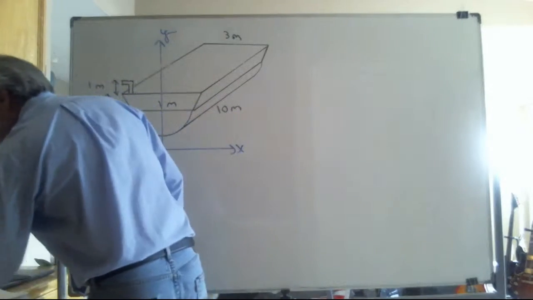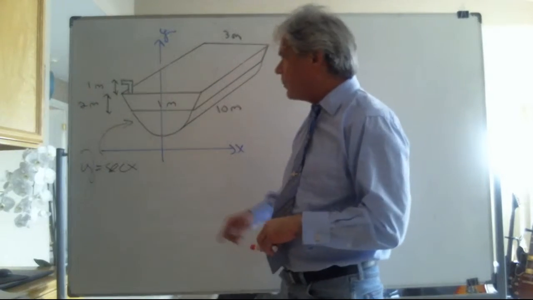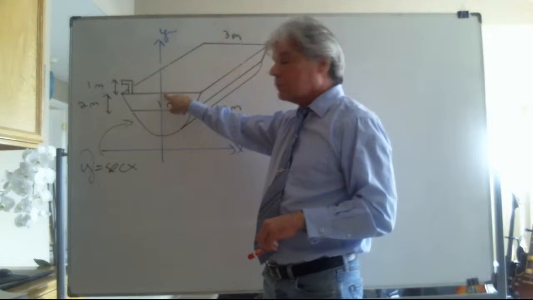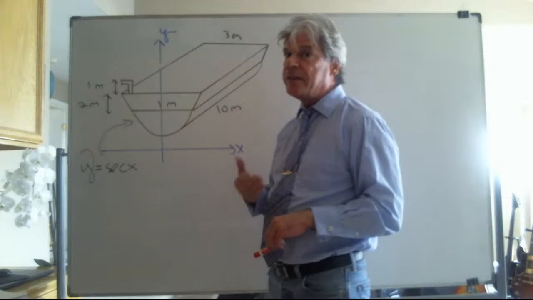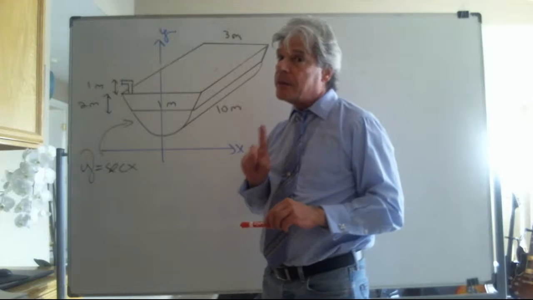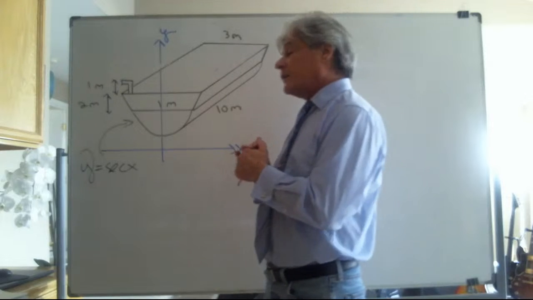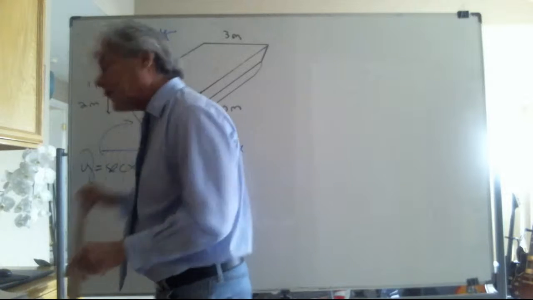I want to now identify an arbitrary slab of water. Can you imagine, from here to here, subdividing the interval into n subintervals, concentrating on the ith subinterval. And over that ith subinterval, I want to consider this rectangular slab of water.